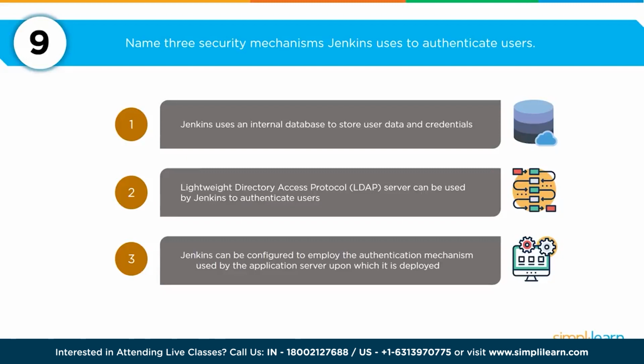And when you are asked about this question of security within Jenkins, the three responses you want to be able to provide are: A, Jenkins has its own internal database that uses secured user data and user credentials. B is you can use an LDAP, or Lightweight Directory Access Protocol, server to authenticate Jenkins users. Or C, you can configure Jenkins to authenticate by using something such as OAuth, which is a more modern method of authenticating users.